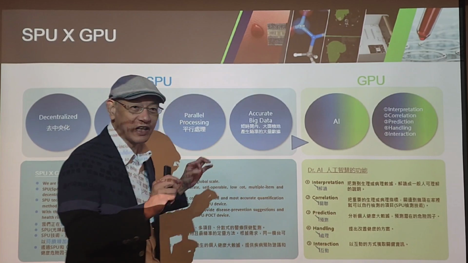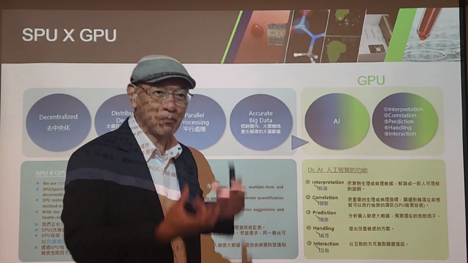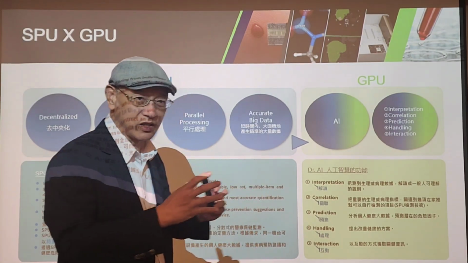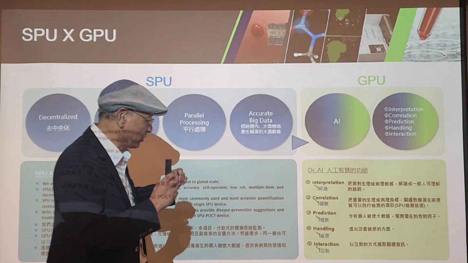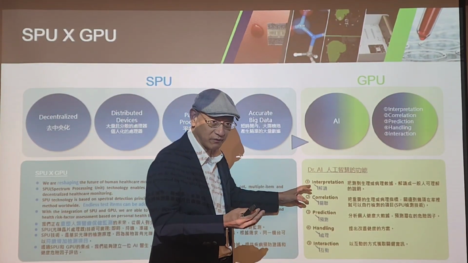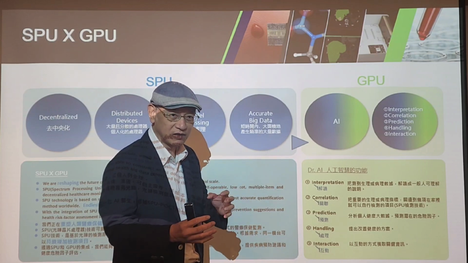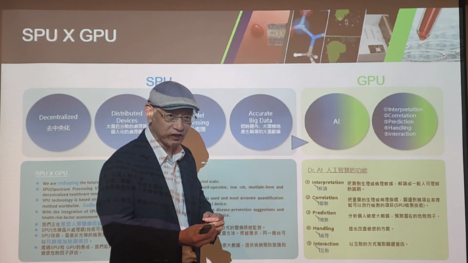One is interpretation, because when you've got all these data, they are just numbers. Normal people don't know what these numbers have to do with their health condition. So the AI will do the interpretation to tell people what all this data is about, and how that connects to your health condition.